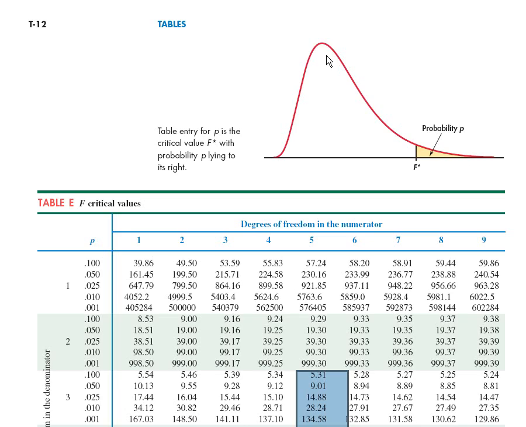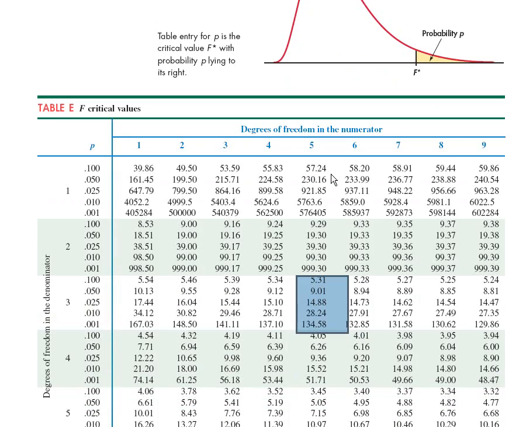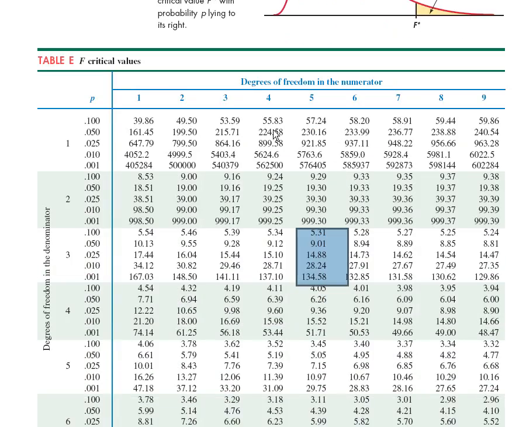Another thing to keep in mind that is true about F distributions is that the center of the distribution is going to be somewhere in the neighborhood of the number 1. And we'll see why that makes sense in just a few minutes. Now, when you use an F table, you have to have the 2 degrees of freedom. And tables will have one of the degrees of freedom across the top of the table.